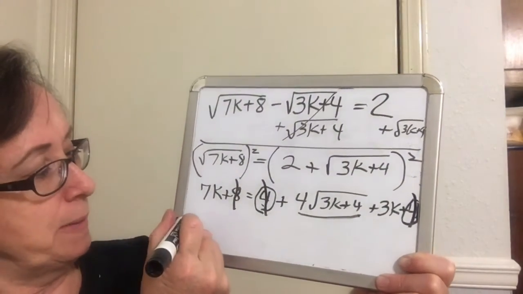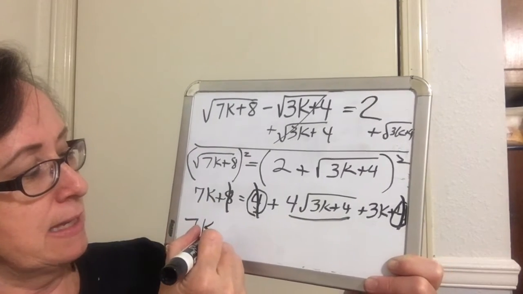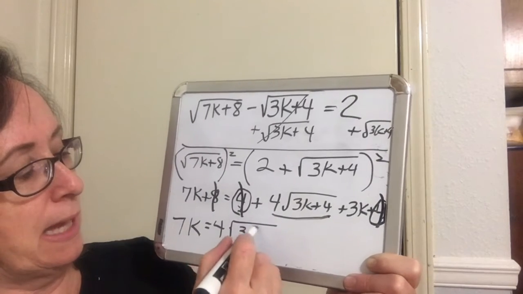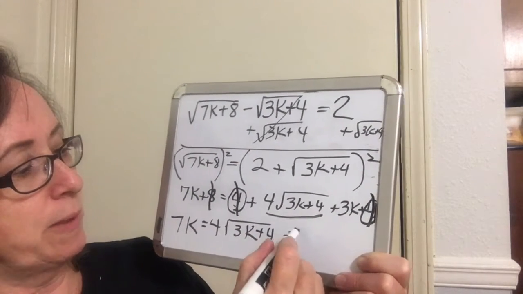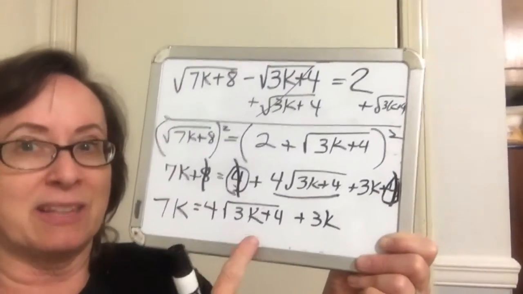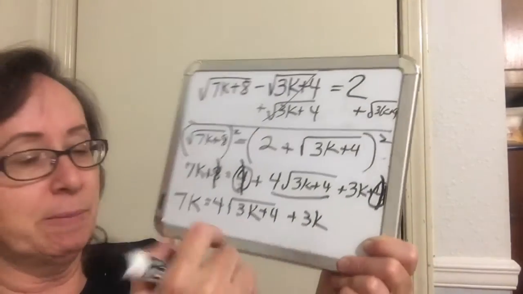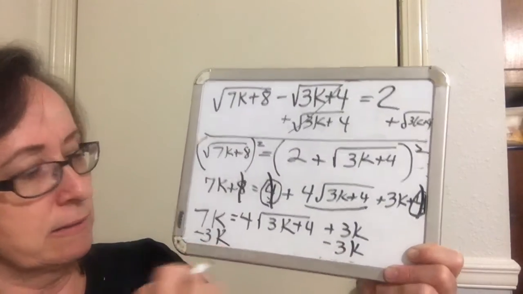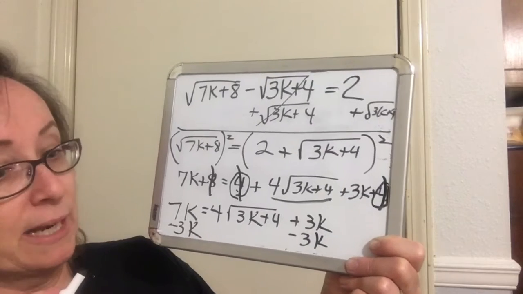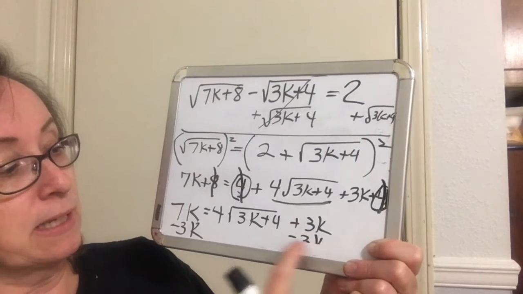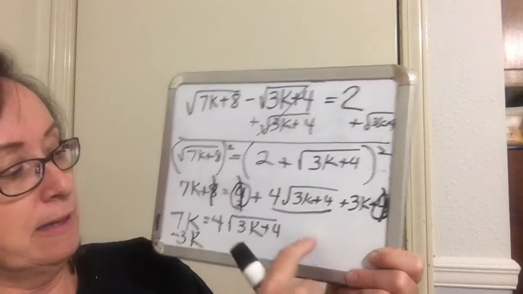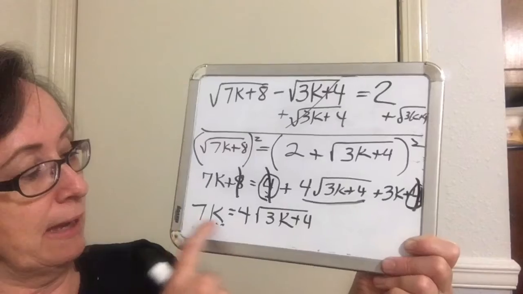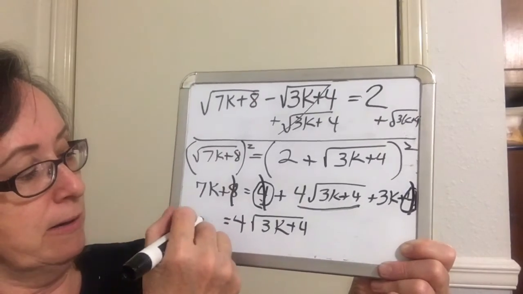Now, a little bit simpler, I have a 7k equals a 4 square root of 3k plus 4 plus 3k. But again, I want to get this radical all by itself. So I'm going to subtract the 3k from that side and subtract the 3k from the other. When I do that, this one's going to disappear because they cancel, and this one's just going to become 7k minus 3k is a 4k. So we're going to write a 4k there.